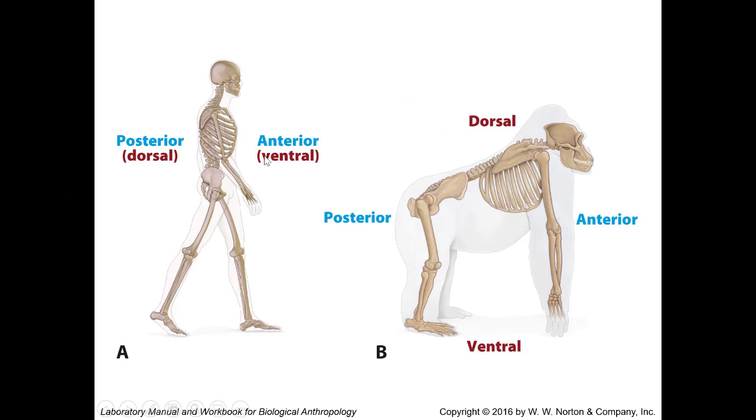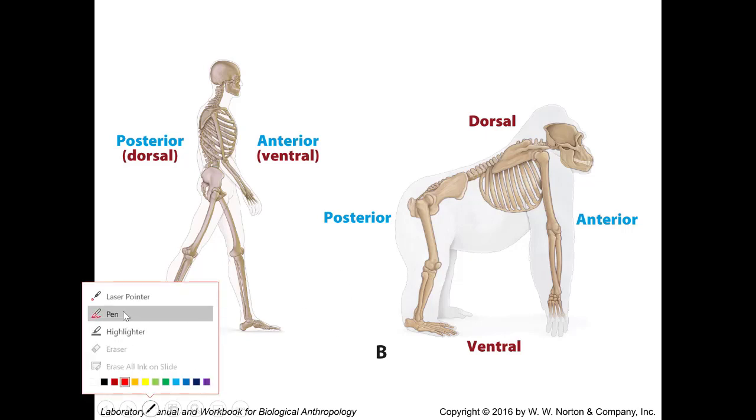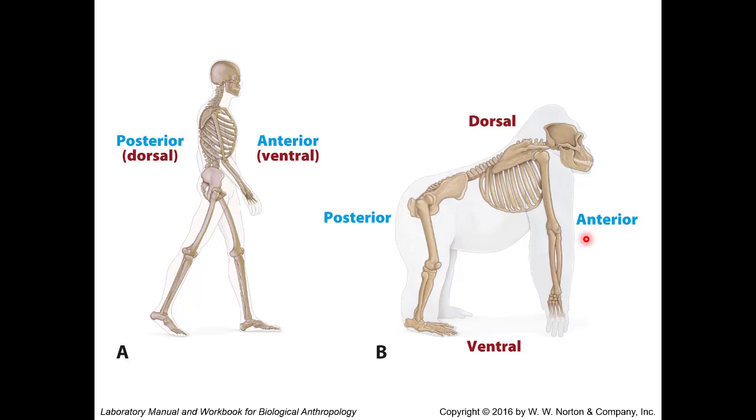Dorsal ventral is synonymous to posterior anterior in humans, but if we're talking about an animal, right, which we will be talking about primates, dorsal means the back side, right, the spinal side, and ventral means the belly side, and posterior then would be the hind legs area, anterior would be the front, right? So that's just something to keep in mind for later on, right?